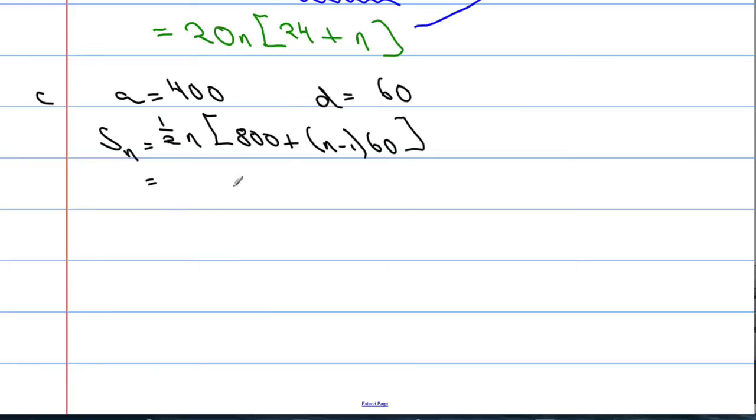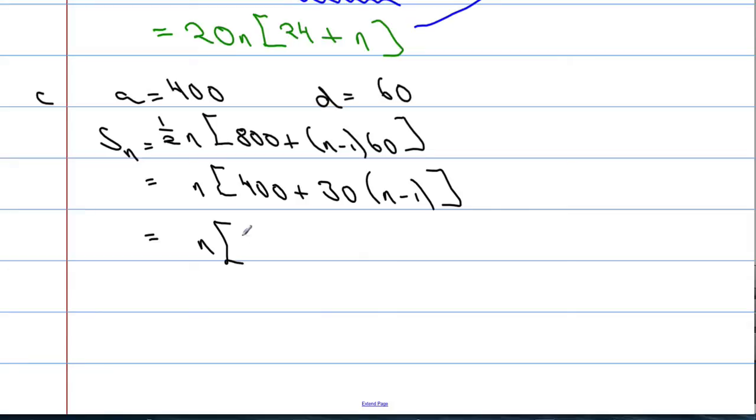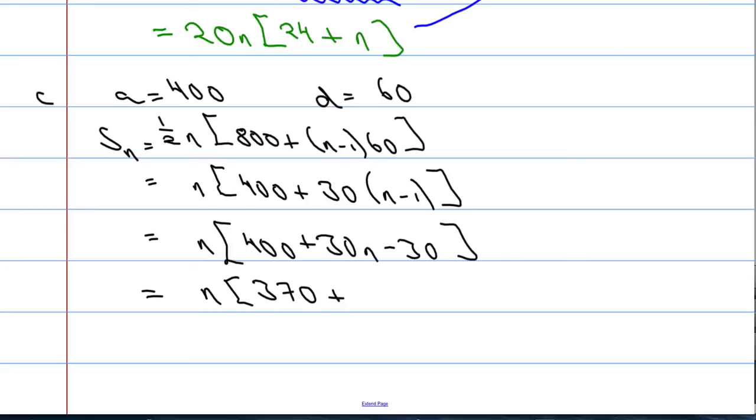Right, I'm going to multiply this half in straight away, to make the numbers a bit more manageable. So I get n times 400 plus 30 times n minus 1, equals n times 400 plus 30n minus 30, which is going to equal n into 400 take away 30, which is 370, plus 30n.